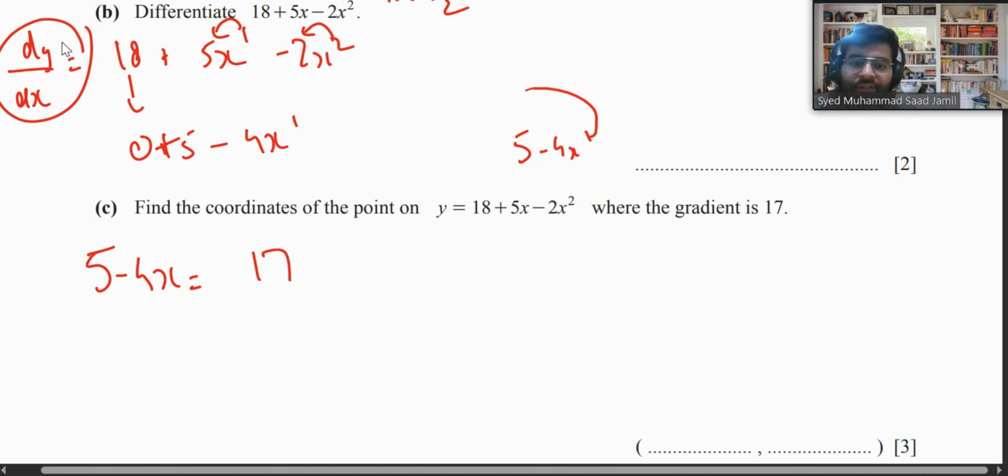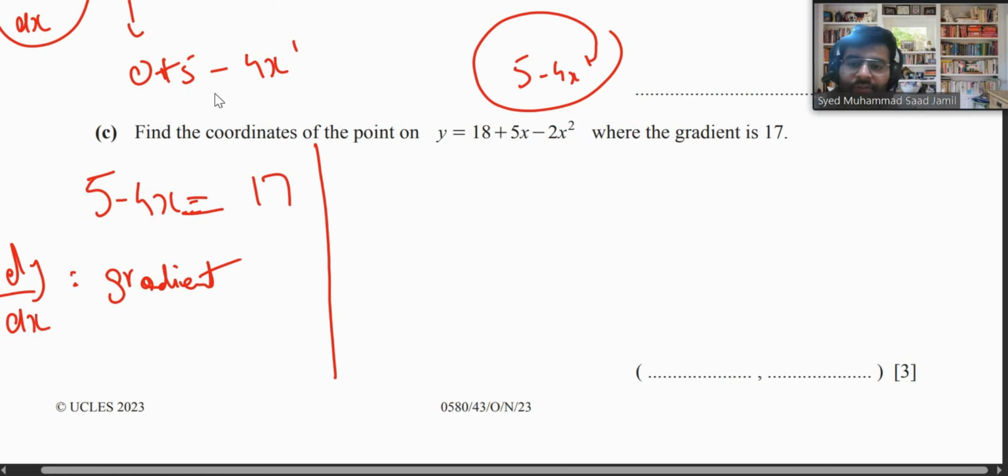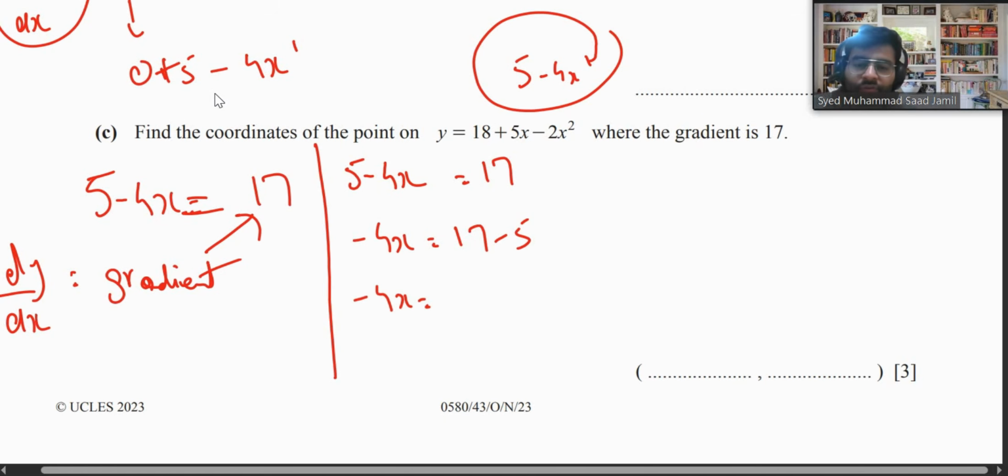Dy over dx is 5 minus 4x and gradient is 17, so we set it equals to 17. So minus 4x is equals to 17 minus 5, minus 4x is equals to 12, x is equals to 12 divided by negative 4, x is equals to negative 3.